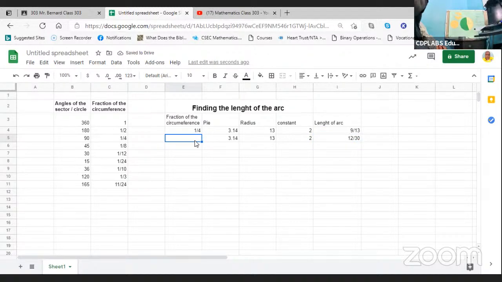So we're going to convert that 1/8 into a decimal and see what we end up getting. So 0.125.